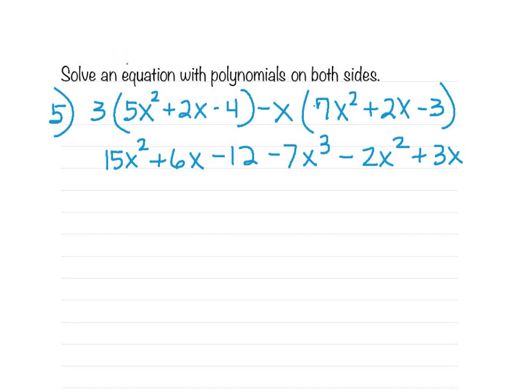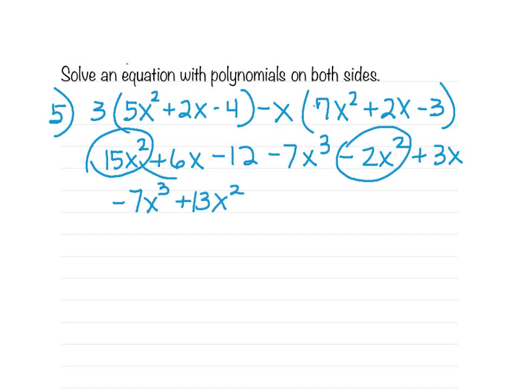So we want to write our equation at the end in standard form, so let's choose the term with the highest exponents first. So we're going to bring down the negative 7x cubed. Then we'll combine 15x squared and negative 2x squared, and we'll get positive 13x squared.